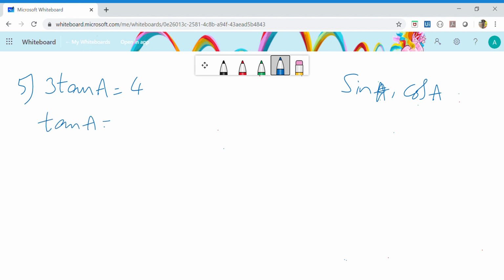With any angle, T ratios are defined. Okay. Next, the fifth question of the exercise. If 3 tan A is equal to 4, find sin A and cos A. You have to find sin A and cos A. So here we can transpose the 3 to that side: tan A is equal to 4 by 3.